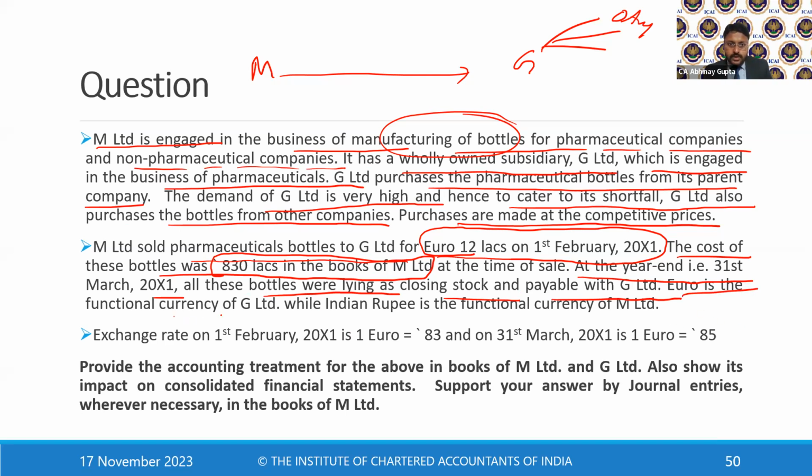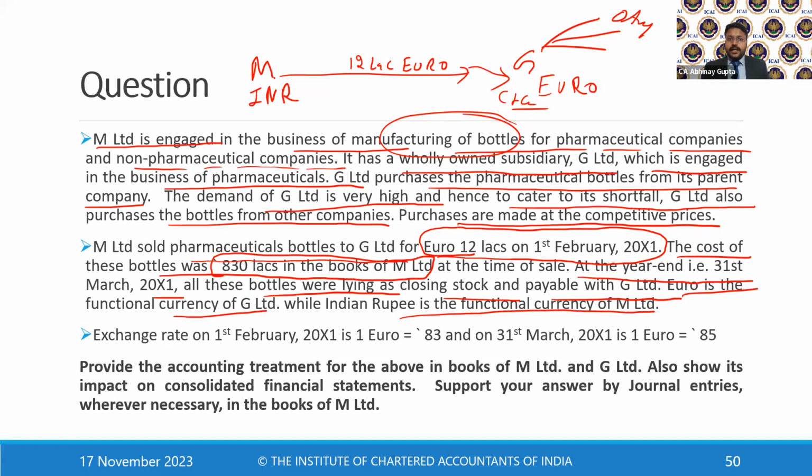Euro is the functional currency of G Limited, while Indian rupees is the functional currency of M Limited, right? 12 lakh euros is the transaction value, and this is the closing stock and the creditor balance appearing here.